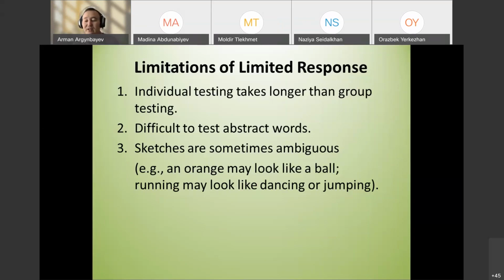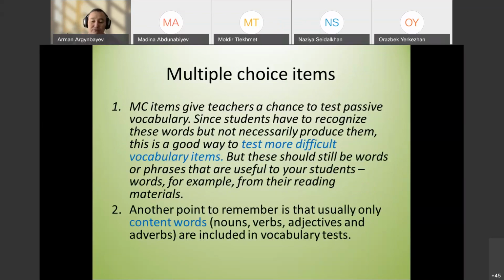Another point is that usually only content words are included in vocabulary tests. There are function words and content words. What's the difference? Content words have meaning, so they are nouns, verbs, adjectives, and adverbs. Function words are like prepositions, articles, like my, his, her.